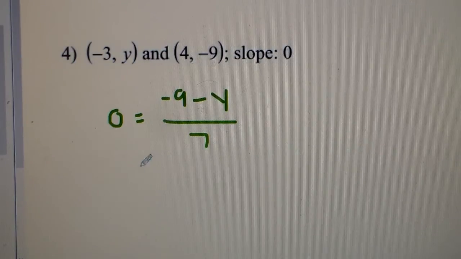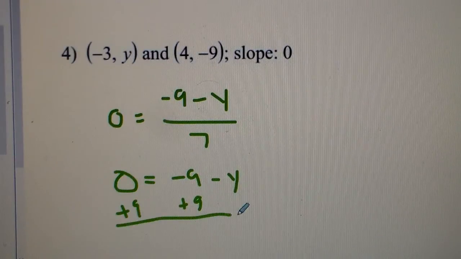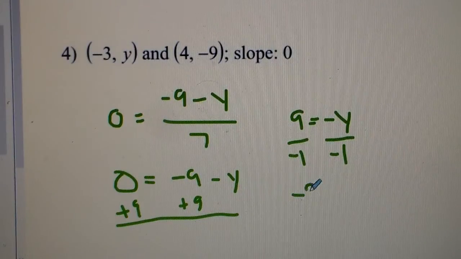Multiply both sides by 7. 0 times 7 is 0. Equals minus 9 minus y. Add 9 to both sides. You're going to get 9 equals negative y. Divide both sides by negative 1. And you can get negative 9 equals y, or y equals negative 9.